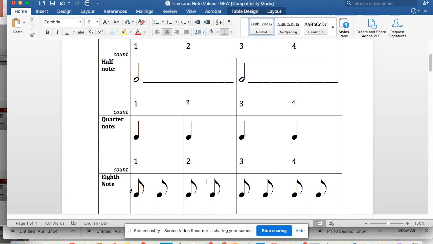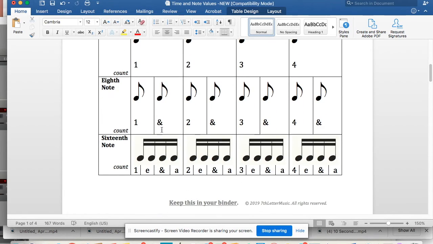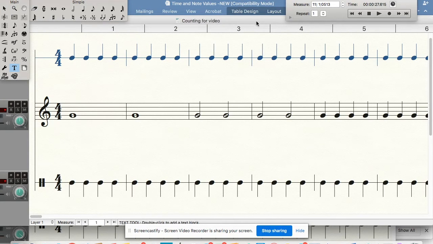Quarter notes. 1, 2, 3, 4. Eighth notes. 1 and 2 and 3 and 4 and. Notice the downbeats, beats 1, 2, 3, and 4, are still all in the same place. 16th notes. 1 E and a, 2 E and a, 3 E and a, 4 E and a. Okay. So remember all of your note values when we jump back over here to finale, because now it's going to get interesting.